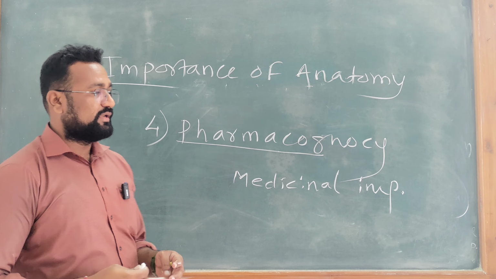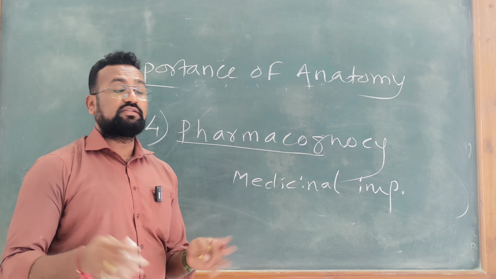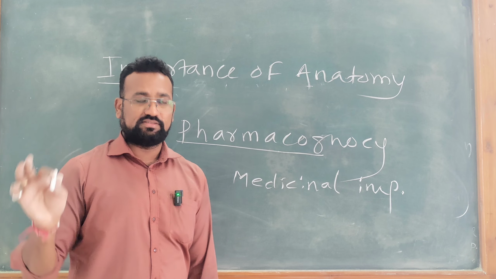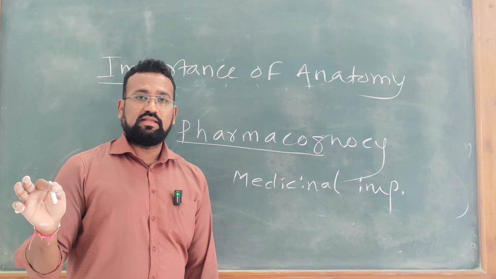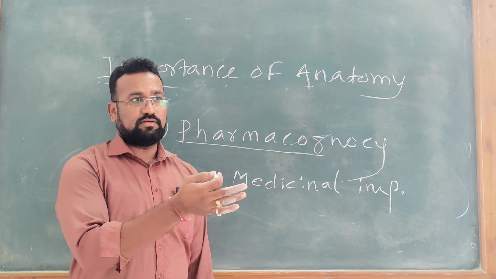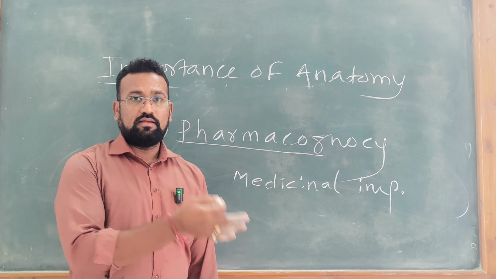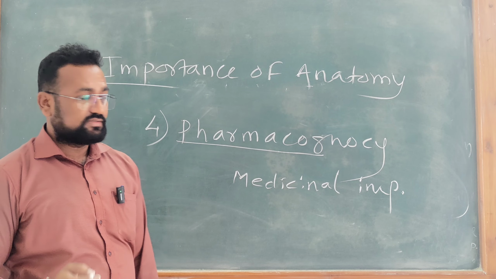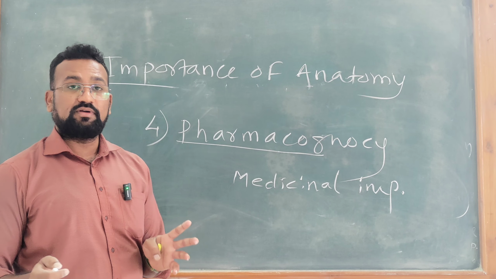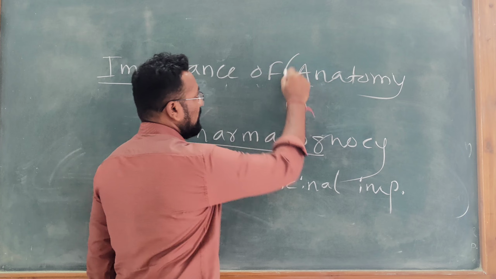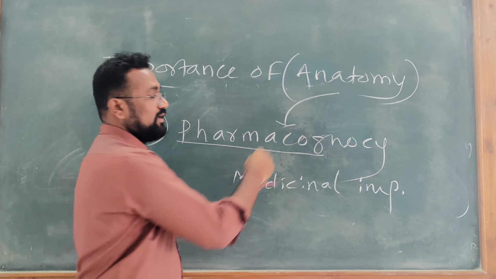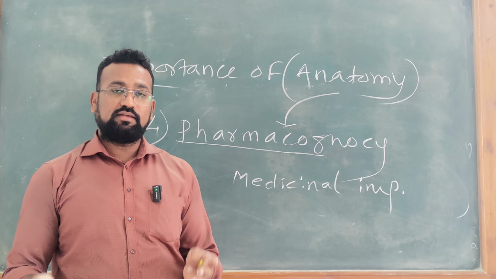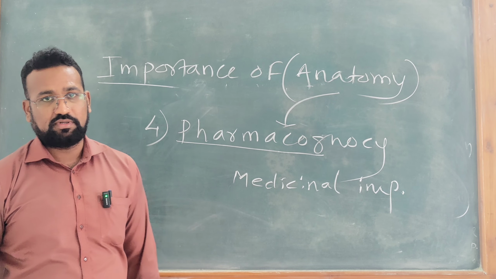When you are willing to find out a particular plant's medicinal importance in order to treat many diseases, there are many plants such as tulsi and aloe vera that are responsible for curing many diseases. Such plants have the potential to cure diseases. By doing anatomical study, you will be able to identify the importance of a particular plant in the pharmacognosy concept.